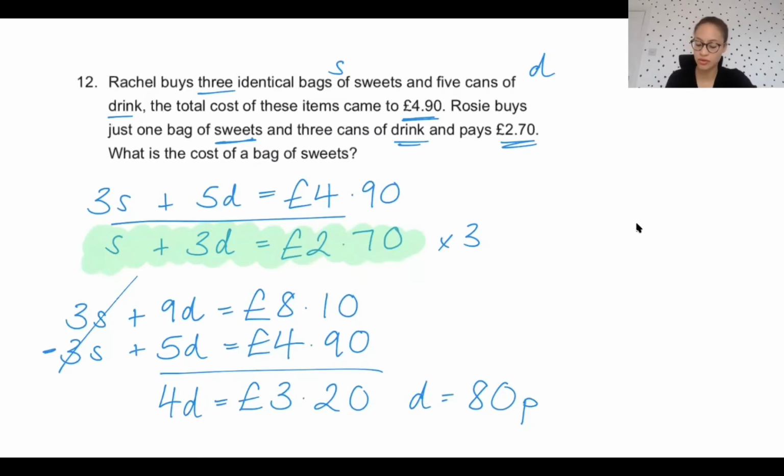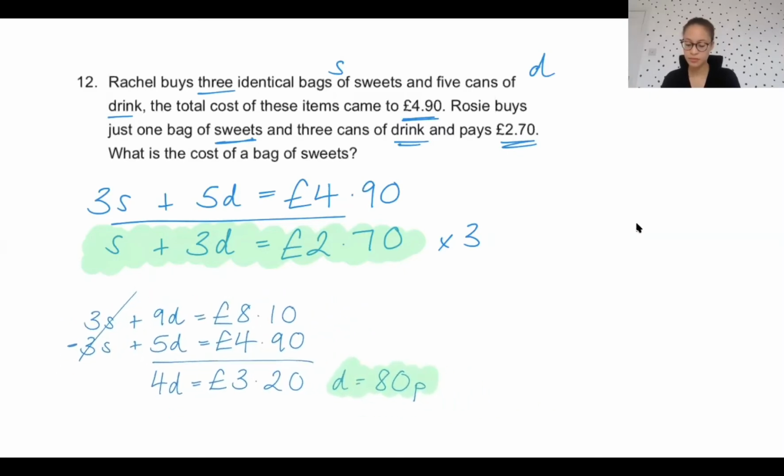So you know a drink costs 80p, and we also have this information. Let's put those together to figure out the cost of a bag of sweets. That's good, starting to get there. Good.